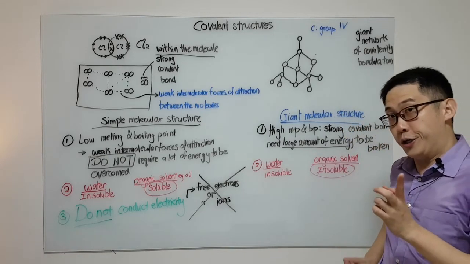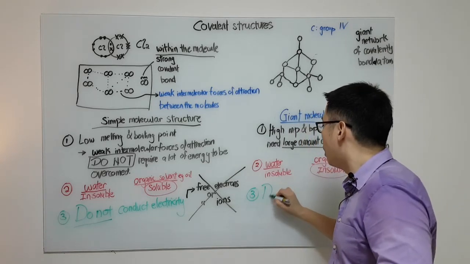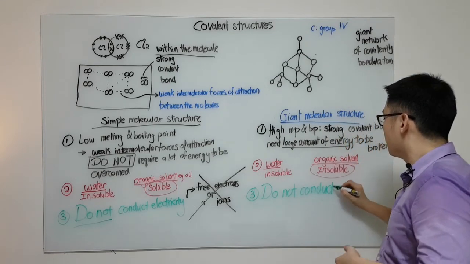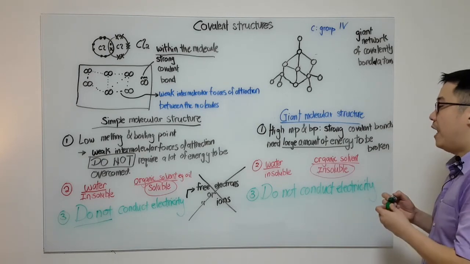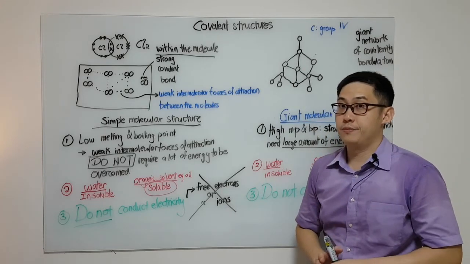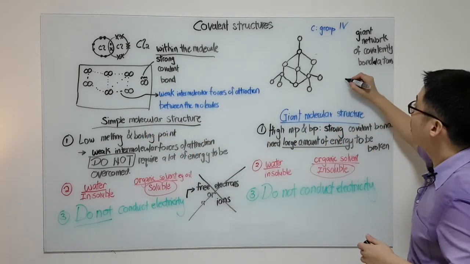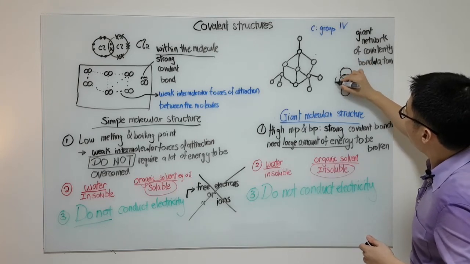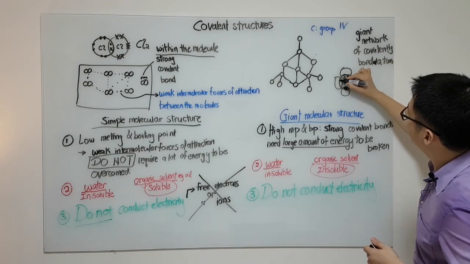In a giant molecular structure, what happens is, it also does not conduct electricity as well. And the reason is the same. As you can see, each carbon, recall, all the carbons will have their electrons covalently bonded.